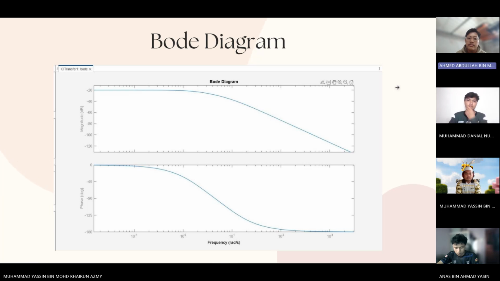The Bode plot confirms that the PID control system is stable and robust. The gain and phase margin meet the desired requirements, and the system will tolerate reasonable parameter variation or disturbance without becoming unstable. That's all for this task.